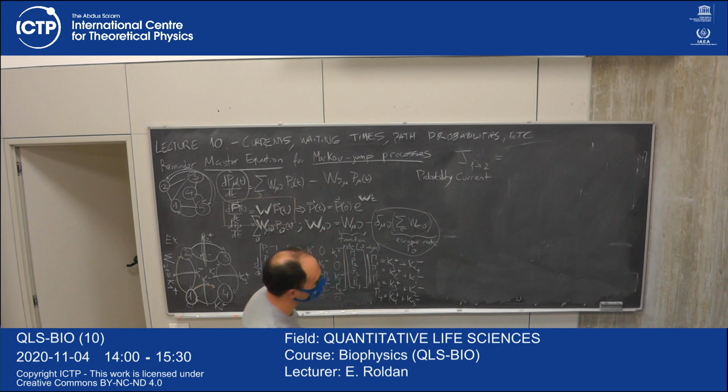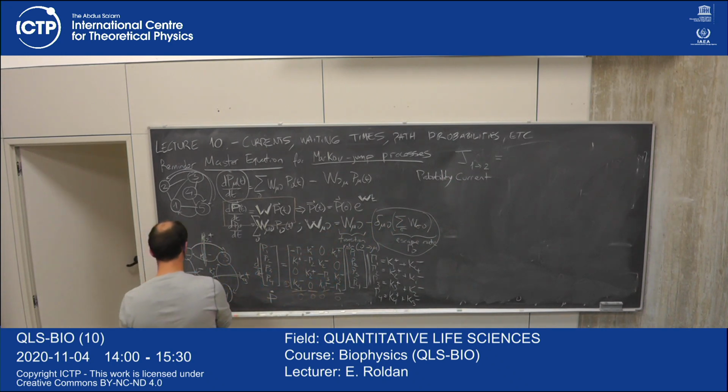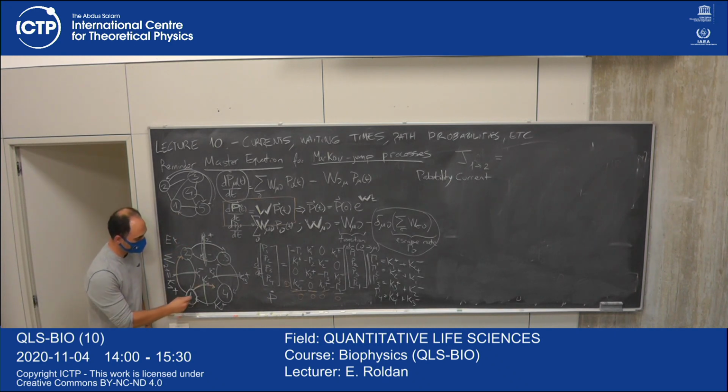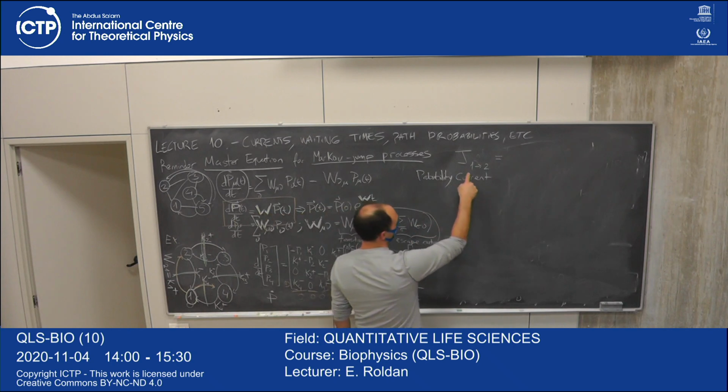How do you get this quantity? Can someone tell me the current between 1 and 2? This must be very easy. You have 1 and 2. So the current from, it's important that this has a direction, 1 to 2.